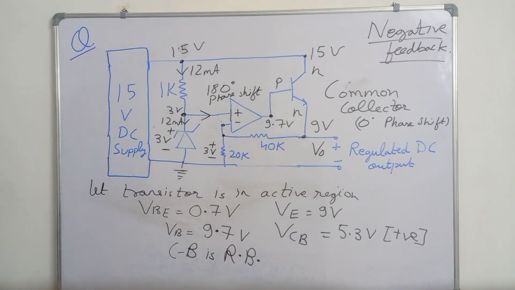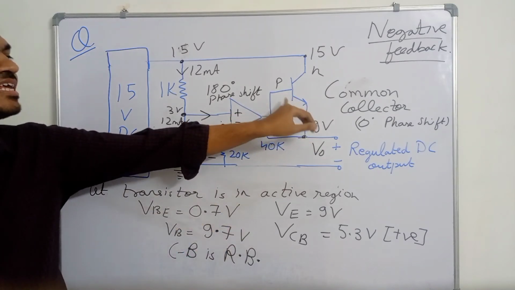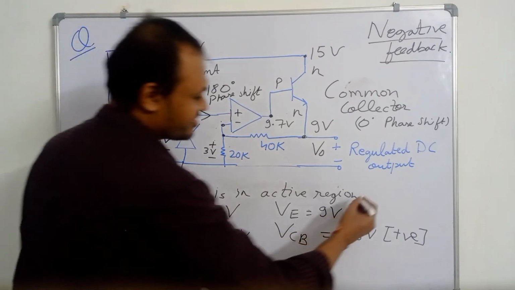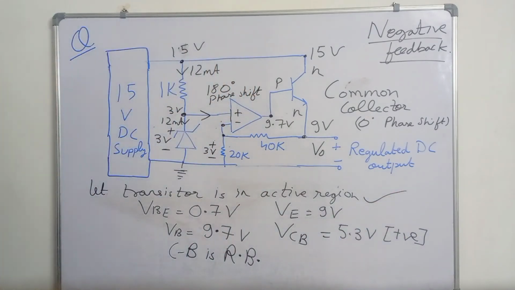So the base voltage is greater than the emitter voltage. So obviously the base emitter junction is forward bias. So we have proved that the transistor is in active region because the collector base junction is reverse biased and the base emitter junction is forward bias.